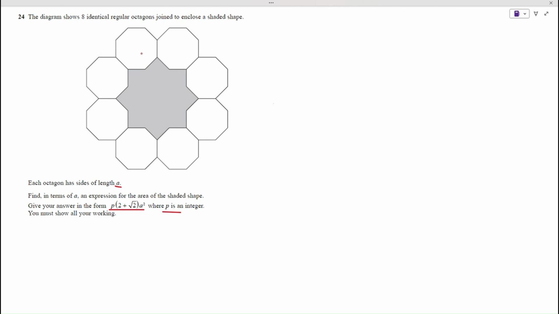What we're going to do, starting off, is actually draw a square in our shape. So we're going to isolate 4 triangles. The 4 triangles that we're isolating here are all isosceles right angle triangles.